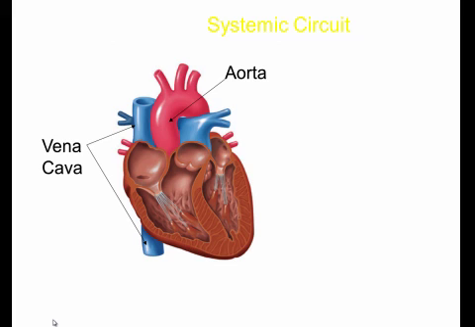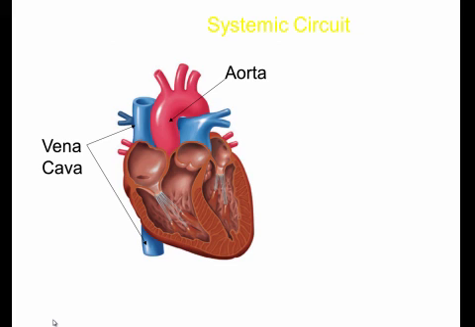Now these are different colors because that blood that is leaving the left ventricle in the aorta is oxygenated blood, and we use red to represent oxygenated blood. But that oxygen is going to be delivered in the systemic capillary beds. And as that oxygen is delivered, the blood picks up carbon dioxide.